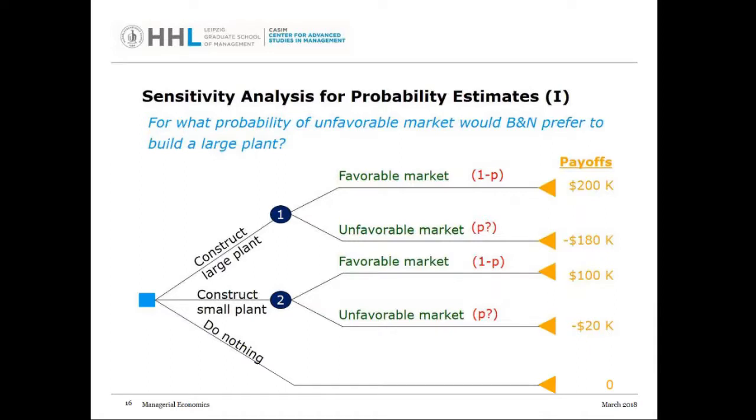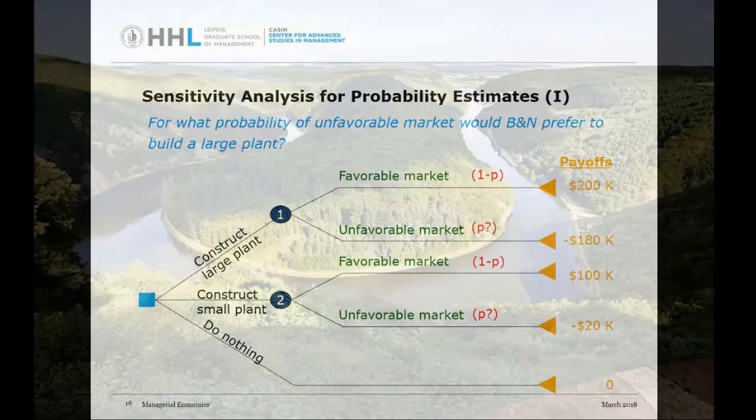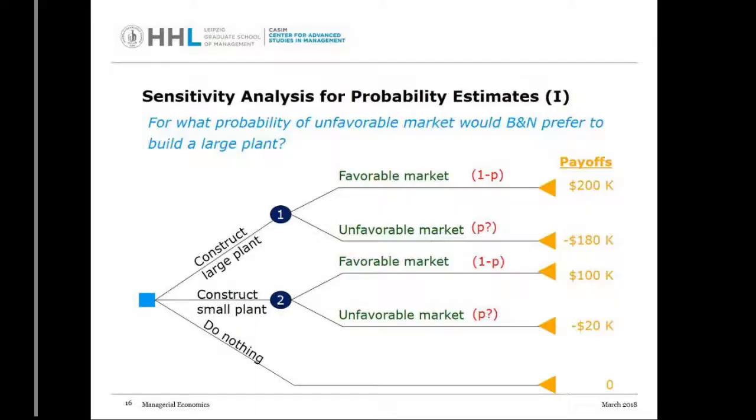Another question that could be asked is about the sensitivity analysis for the probability. And here we do a very similar analysis. In this case, the probabilities are the same for the favorable and unfavorable market, but instead of using 50%, we say P. So for what probability of unfavorable market, P, would Barnes & Noble prefer to build a large plant?